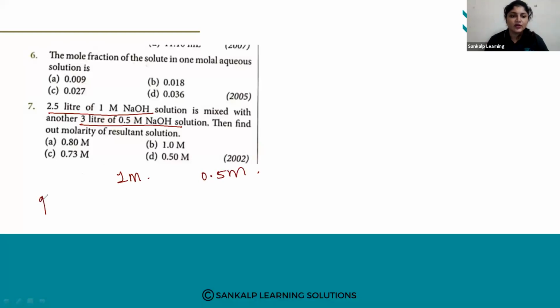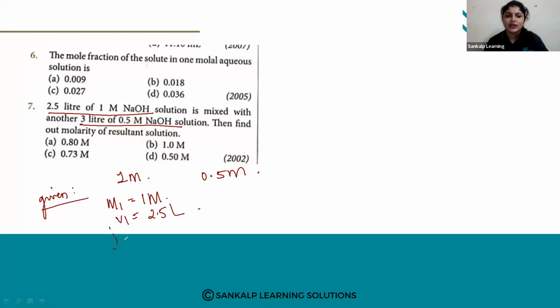So we'll write the given quantities. Initially, M1 is 1 molar, and the volume V1 is 2.5 liters.